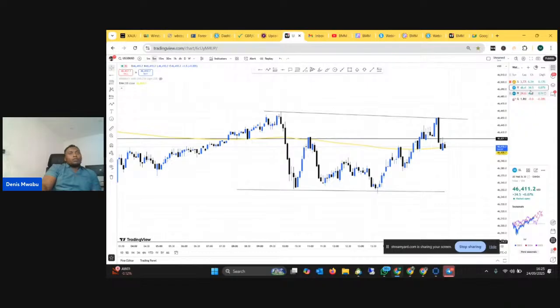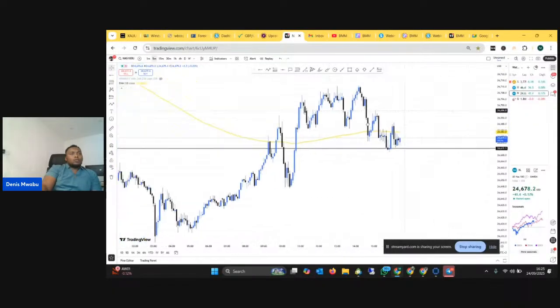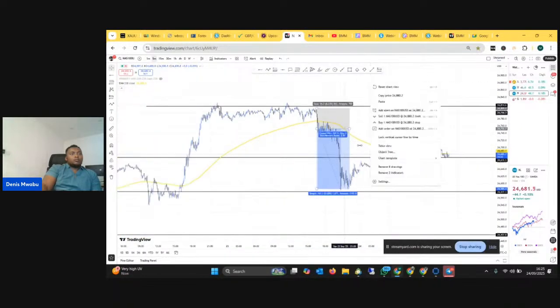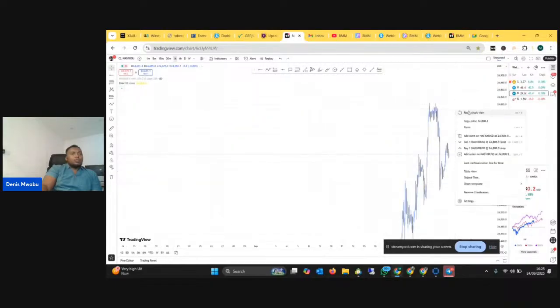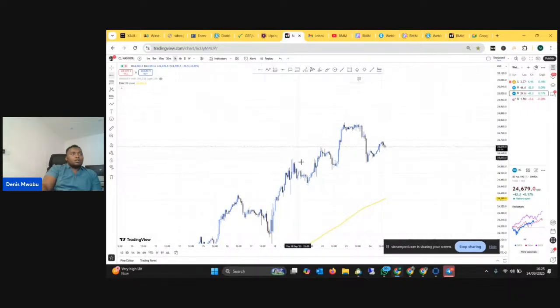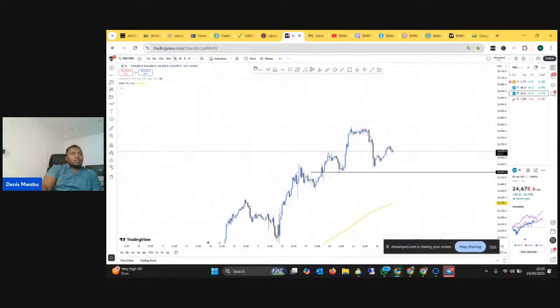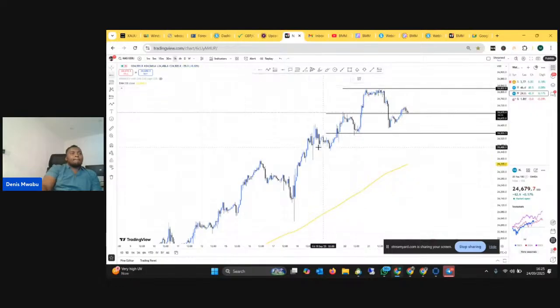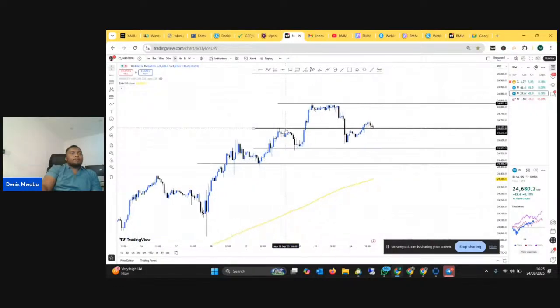So it's at 424. This is Nasdaq also. Yesterday Nasdaq gave us this move to the downside. This Nasdaq came, broke this zone.